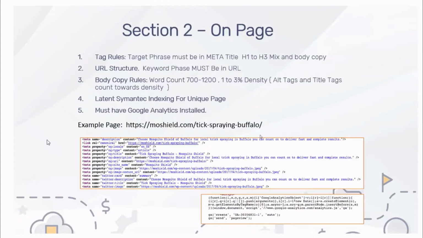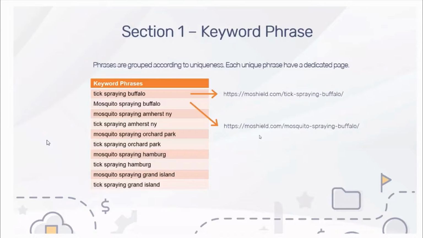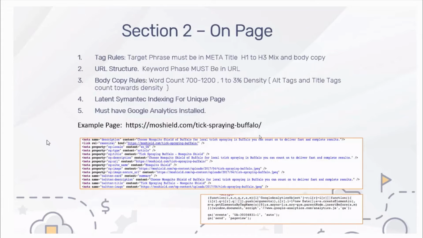Second is what we call a lot of work on the on-page meta tags and content. So first off, tag rules. Target phrases must be in meta titles, H1 and H3, and body copy. So if we're saying tick spraying Buffalo, that is a specific phrase we want to rank for.